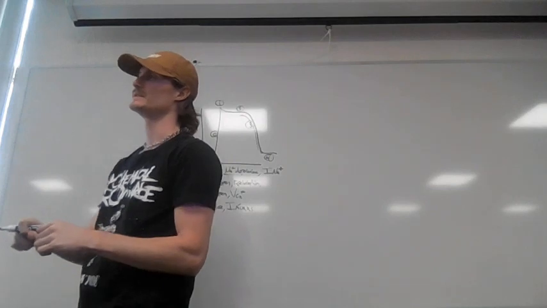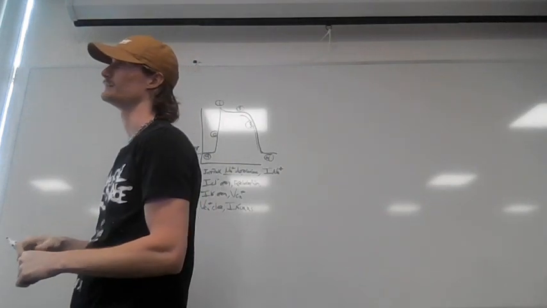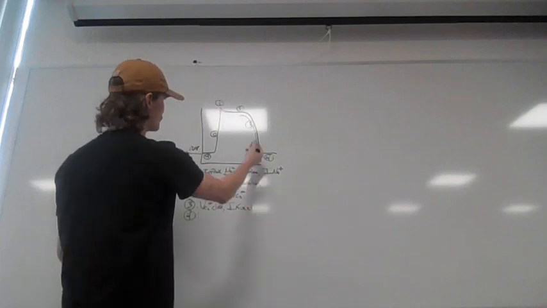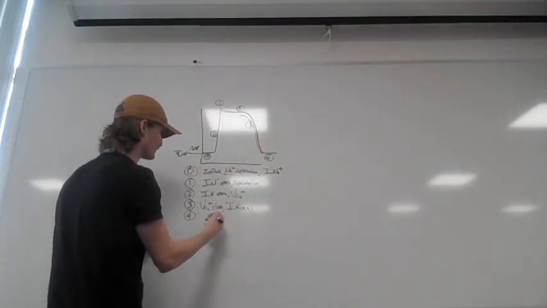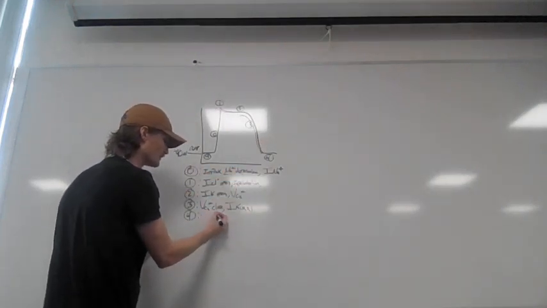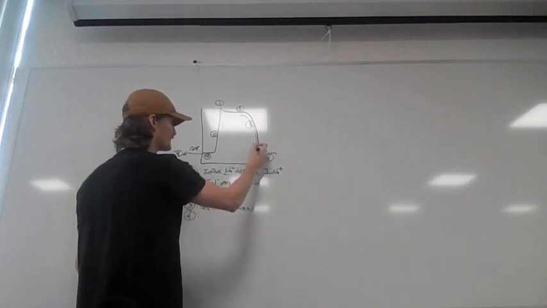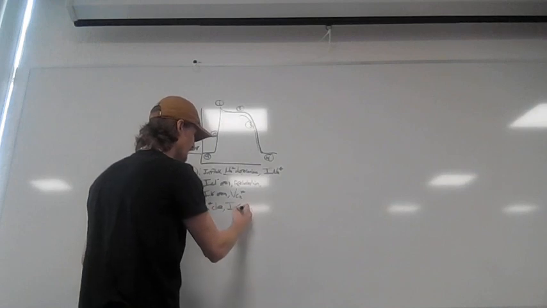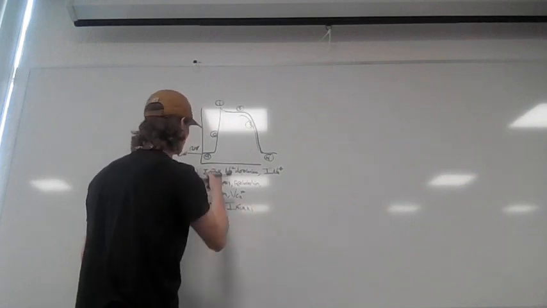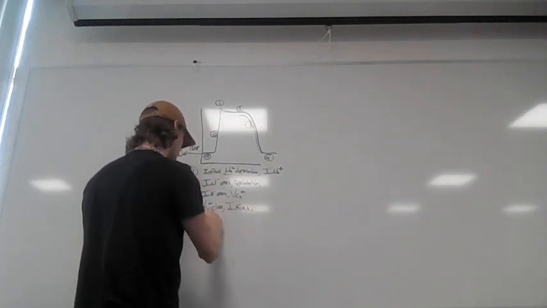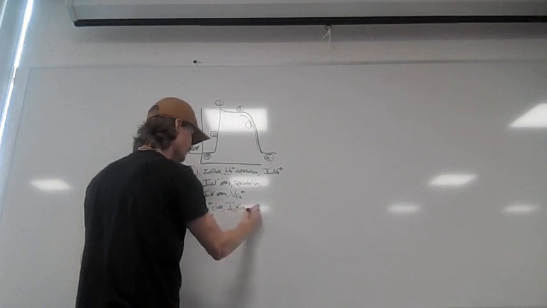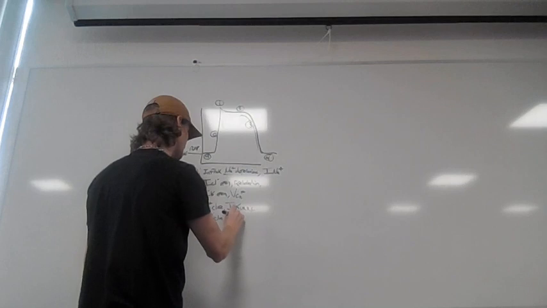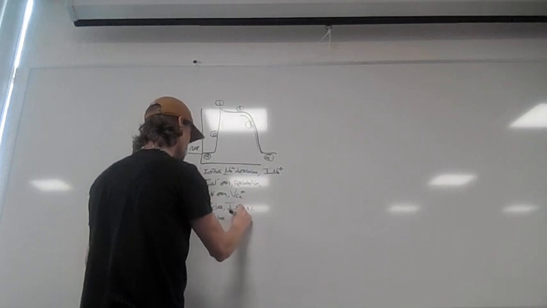As this gets more and more negative, the calcium channels close. And as it hits resting membrane potential, the IK channels and all these are going to close, and we're back at resting membrane potential.